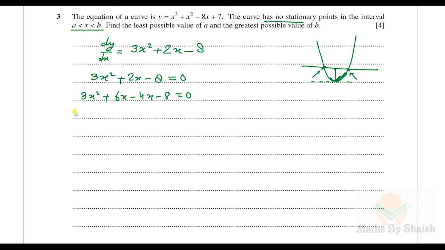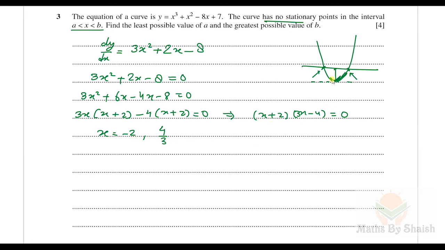And from the first two terms we can take 3x common, it is x plus 2, and from the last two terms we can take 4 common, it is x plus 2 again. So we can write it as x plus 2 and 3x minus 4 equals 0, meaning the roots of the equation are minus 2 and 4 over 3.